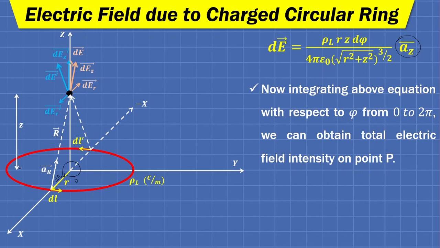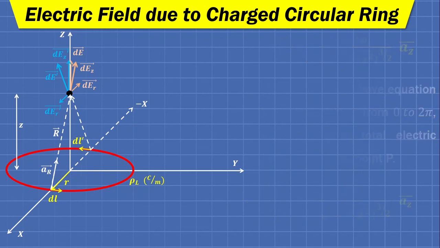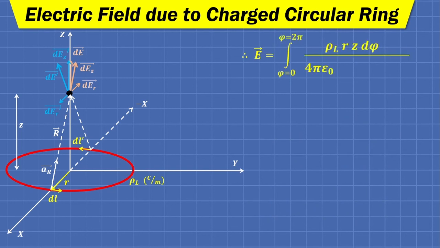The total field intensity can be written as the integration from 0 to 2 pi of rho L R Z d phi divided by 4 pi epsilon 0 into bracket square root of r squared plus z squared raised to 3 by 2, az bar. This is a very simple form of integration, because there is no term containing phi in the whole equation.